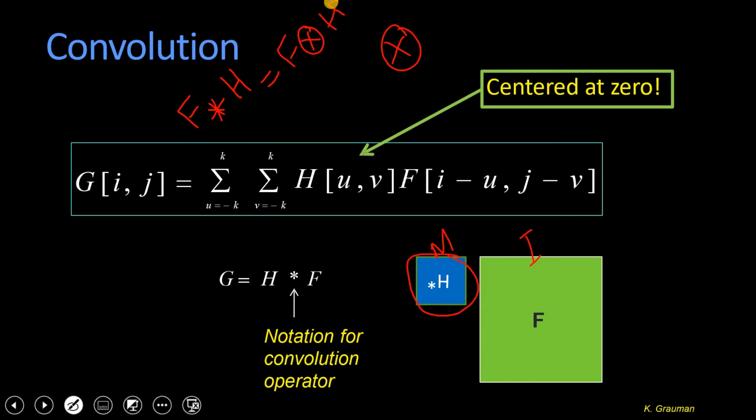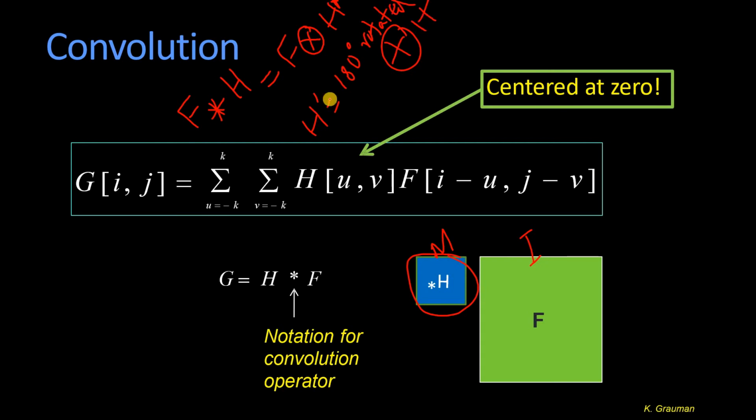So H over here I represent as H dash. So H dash is 180 degrees rotated H.